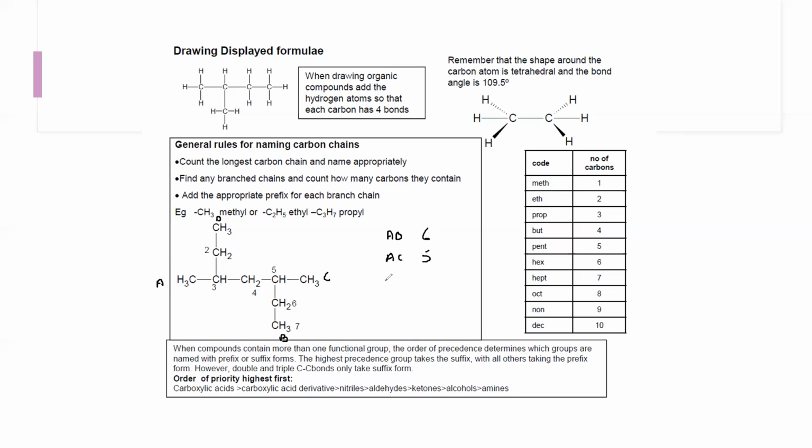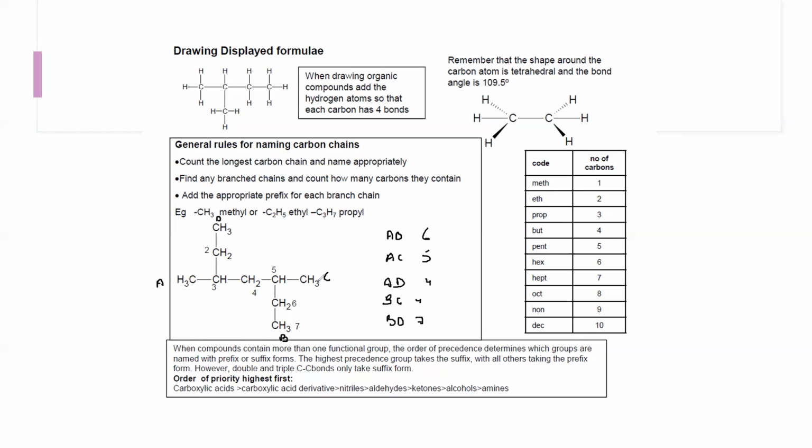From A to D, 1, 2, 3, 4. From B to C, 1, 2, 3, 4 only. From B to D, 1, 2, 3, 4, 5, 6, 7. B to D or D to B, it's the same thing, so 7.